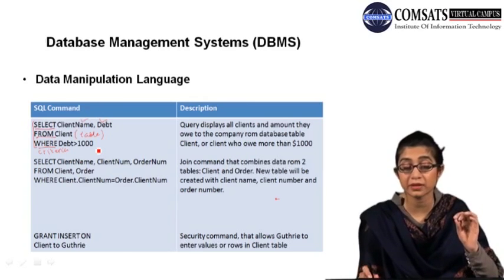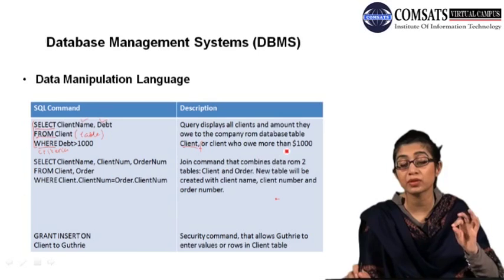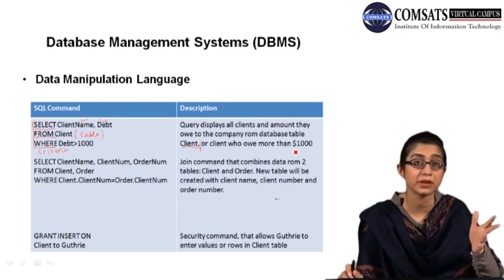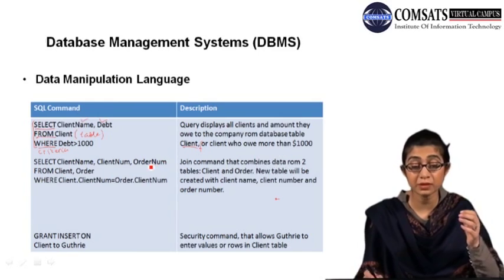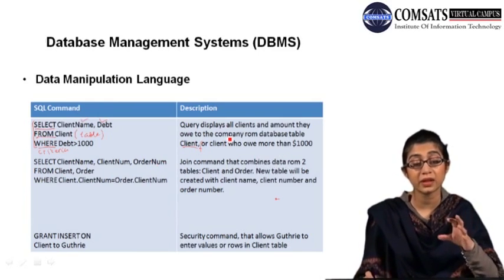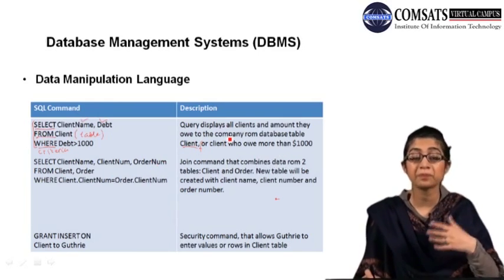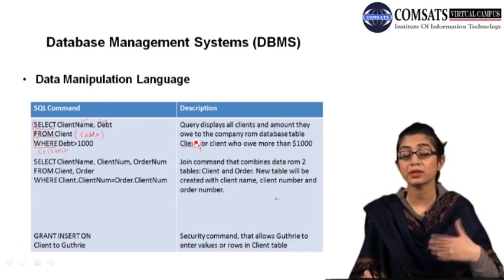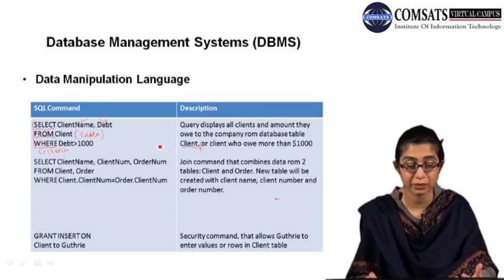So basically what is it doing? This is a query that displays all clients and the amount they owe to the company from the database table client, or the clients who owe more than, for example, $1000. So it will show you all the clients, the client names and their debts, for those people who owe more than $1000 to the company.